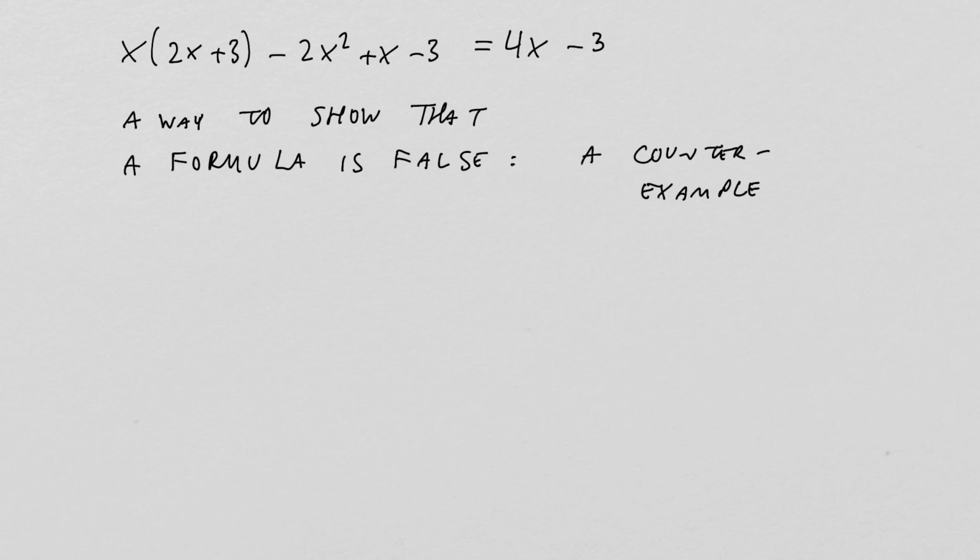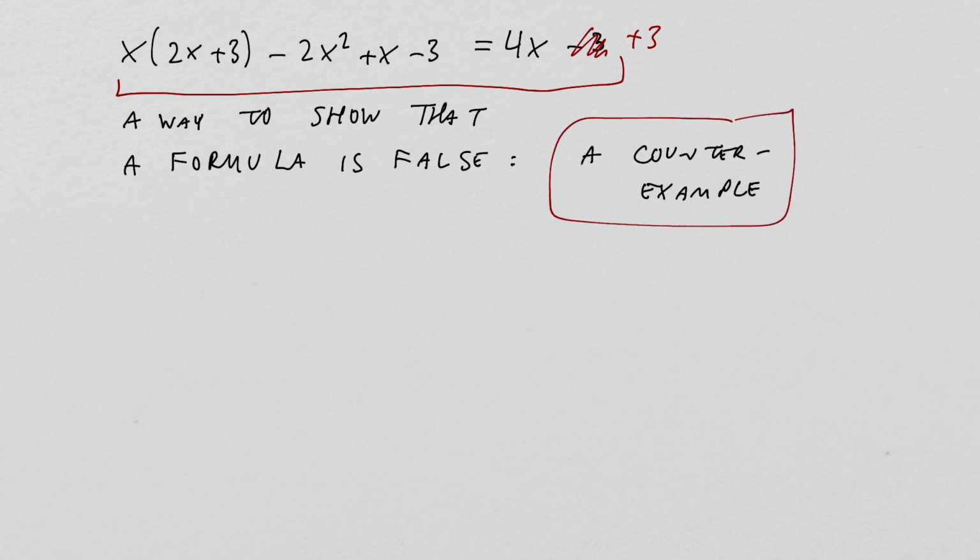If we have taken our expression and simplified it somehow, and maybe we have made a mistake, there's a way to check if our formula would be false. If we can give a counter example that the formula does not work, then we see that the formula is false. So, for example, this formula here, if we would substitute that x is equal to 1, what would we get?